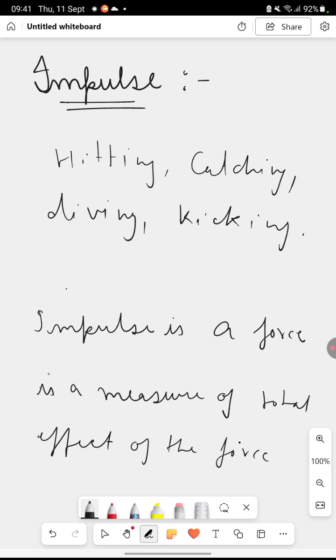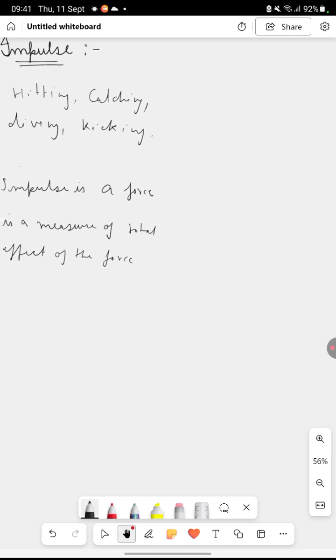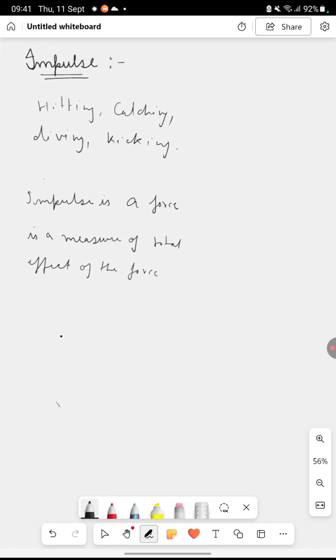So this is the definition of impulse. Impulse can be written as impulse is equal to average force into time. This is the formula for impulse.